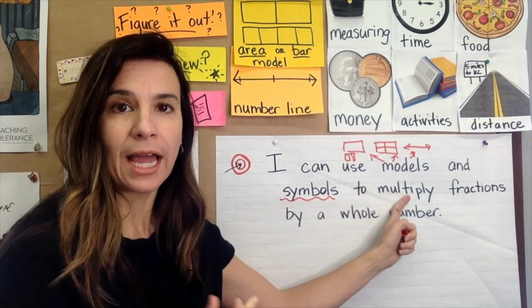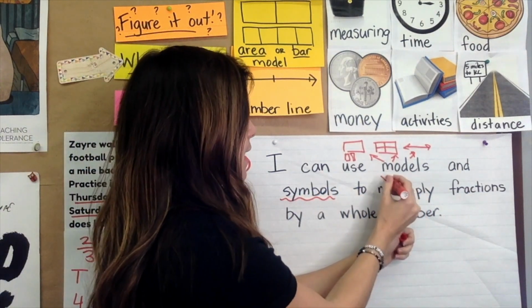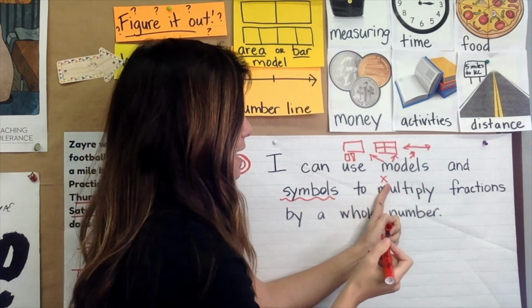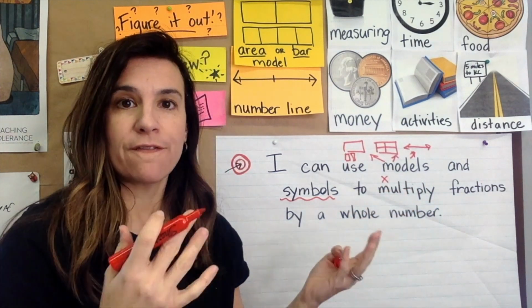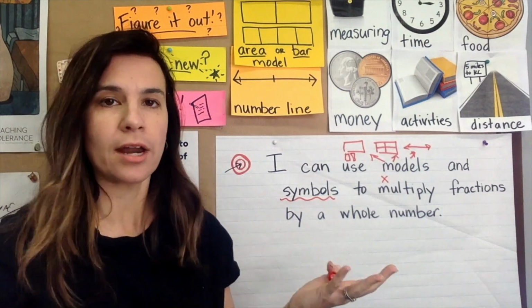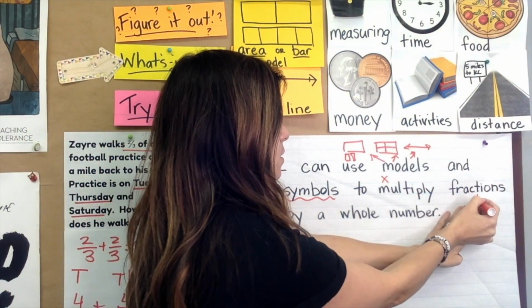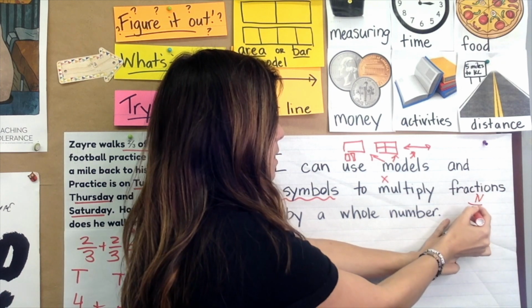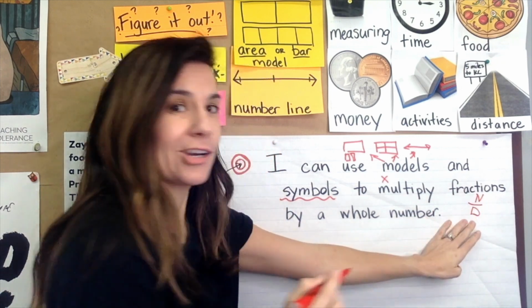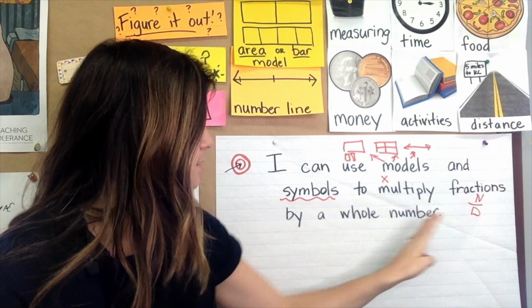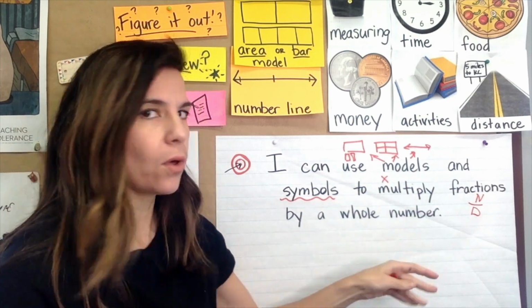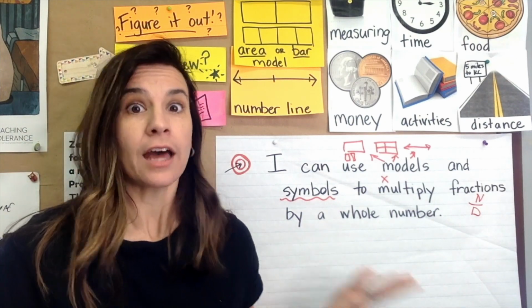To multiply, well, we know multiplication. That has the multiplication sign, and it has factors, and it has products. And multiply fractions, numerator on top, denominator down. By a whole number. Well, a whole number is not a fraction.